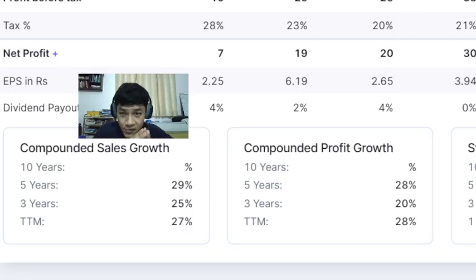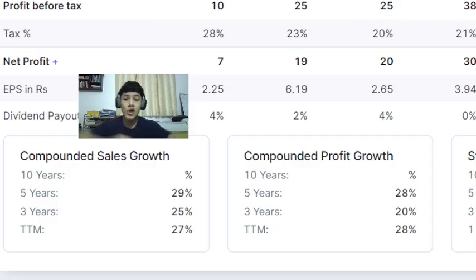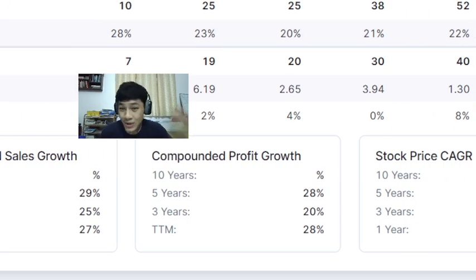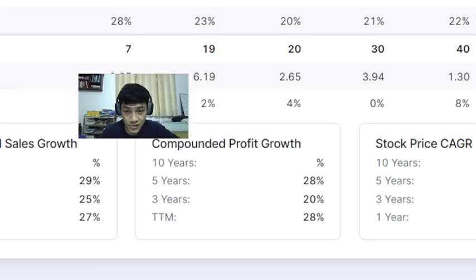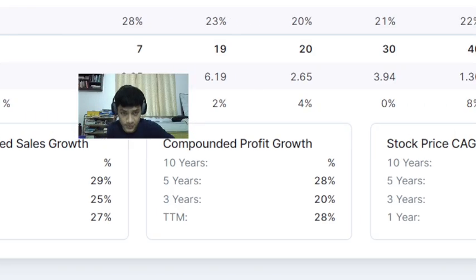Last 12 months, TTM, TTM is trailing 12 months, 27% growth in sales. Profit growth has been 28% over the last 5 years, 20% over the last 3 years, and trailing 12 months, 28%. So massive sales growth, massive profit growth, and profit growth has kept in line with sales growth.